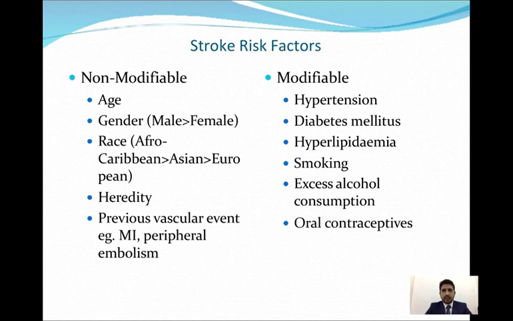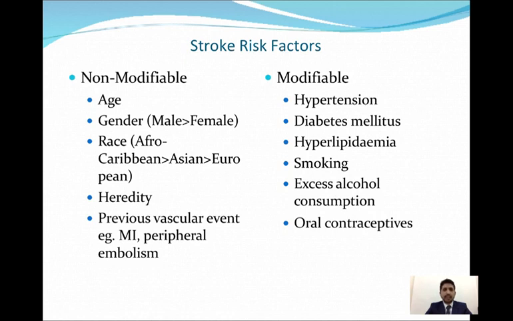Modifiable risk factors include diabetes mellitus, hypertension, hyperlipidemia, smoking, excess alcohol consumption, oral contraceptive pills, and sedentary lifestyle. These are the diseases or conditions that predispose to the stroke but can be modified to prevent a stroke.